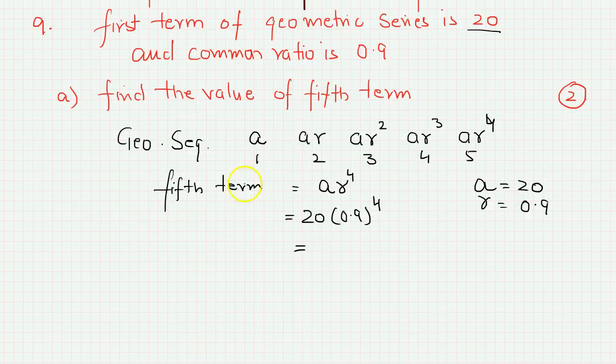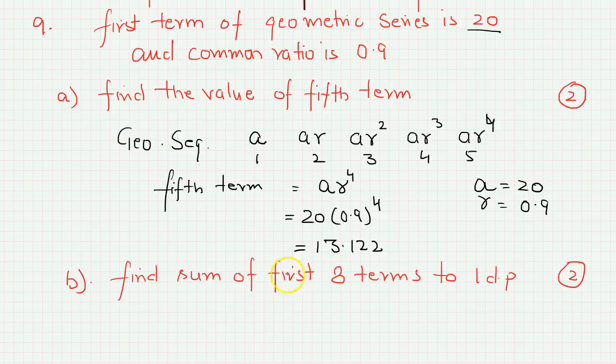So that is 13.122. That is the fifth term of this geometric series. Part B is: find the sum of the first 8 terms of the same geometric series up to 1 decimal place.